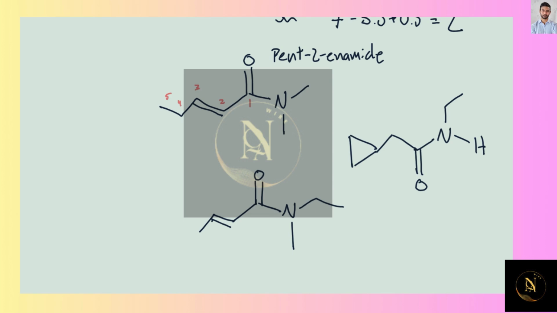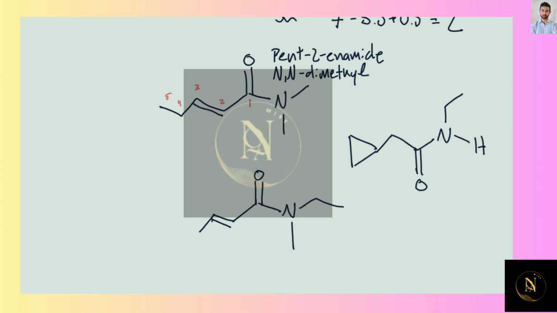And then we indicate the nitrogen functional group by saying that this is an N,N-dimethyl. So we treat that as a functional group, with no numbering because it's assumed that it's going to be attached to the carbonyl carbon, right? And the only remaining thing left is that we've got to indicate that this double bond is E. It's E because the most important groups are on opposite sides of the double bond.